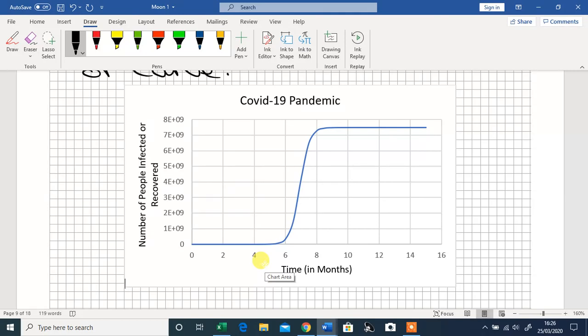So this is only one model. I'm not saying this is written in tablets of stone whatsoever, but that will give you some idea of what's happening in this particular case, and hopefully it'll give you an idea of how to model diseases in the future, because it's a similar sort of process.